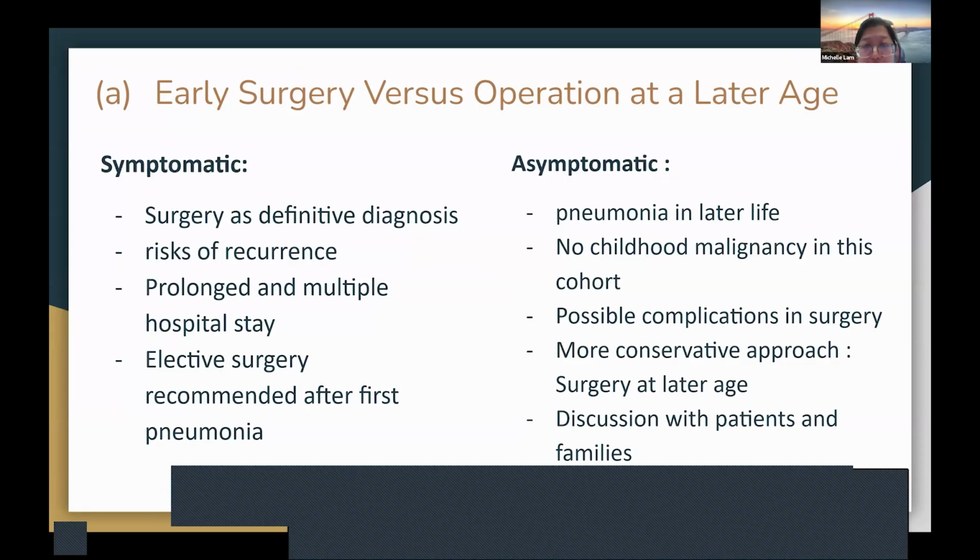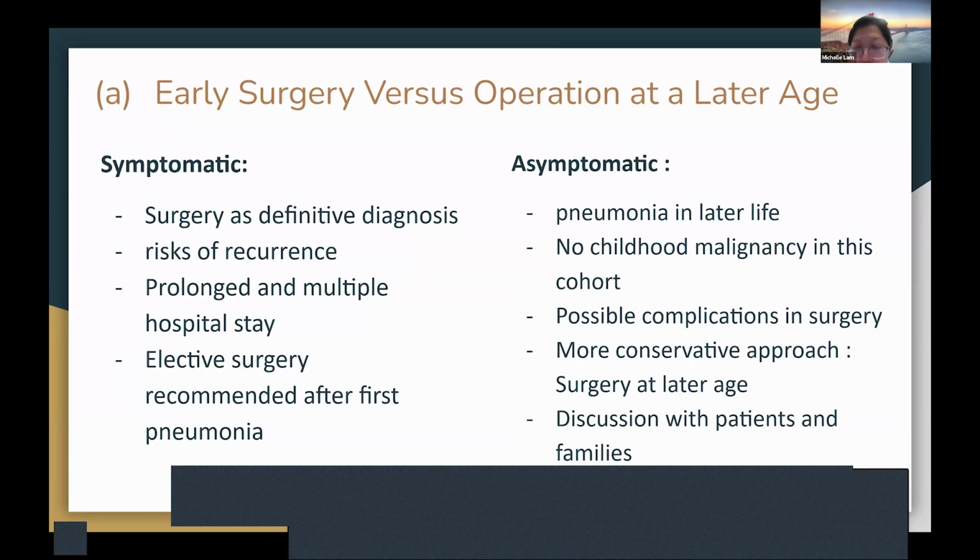As for asymptomatic patients, we think there's a high risk that patients will subsequently develop pneumonia, as suggested from our results. And although there was no childhood malignancy in this cohort, we can also see that there have been possible severe complications in the surgery.